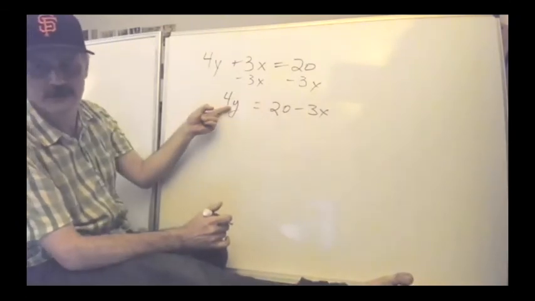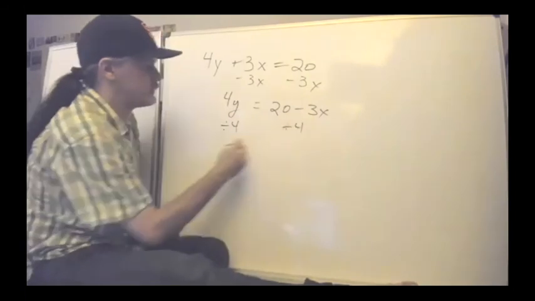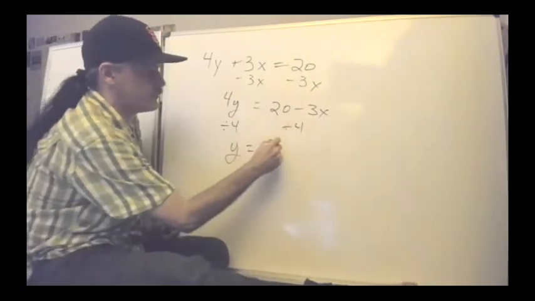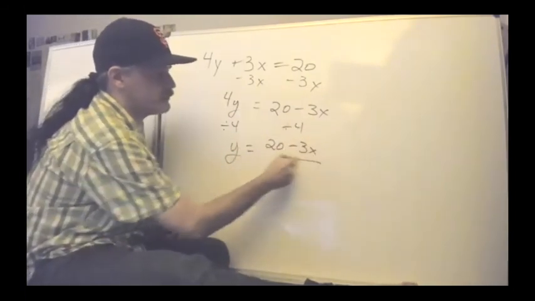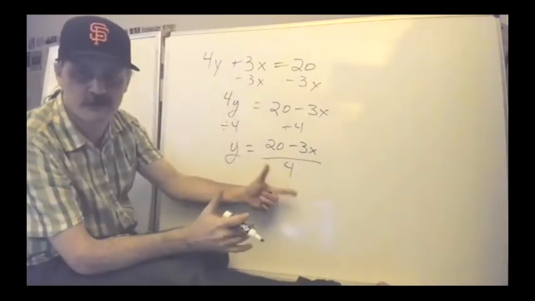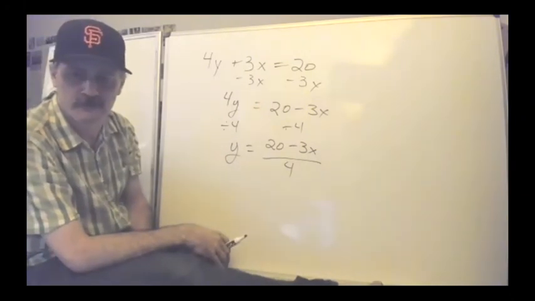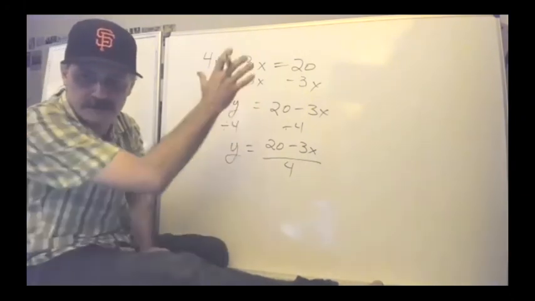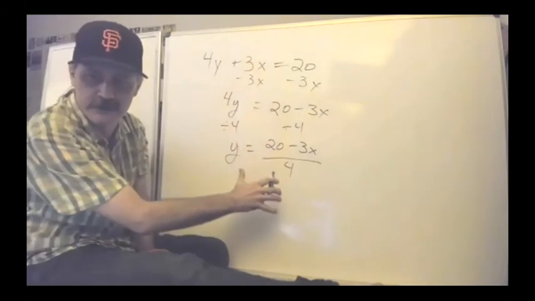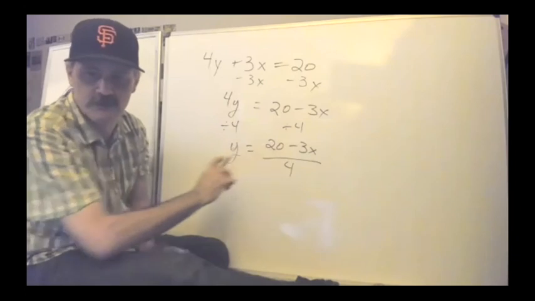And now looking on the side with the variable, we divide by 4. And so whatever we divide by, we put on the bottom of the fraction. Now you can actually simplify this, but we're not going to worry about that right now. We're going to just try to keep it simple. Let's see if we can understand the basics. Can we rearrange the formula for y in terms of x?